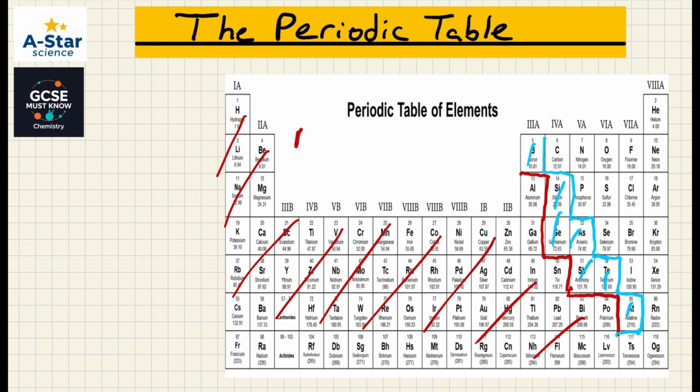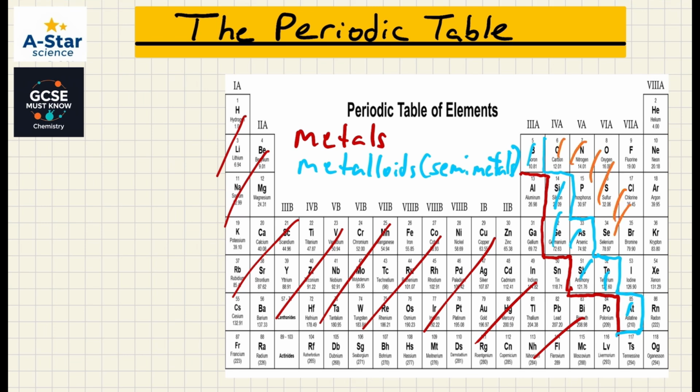So red is the metals, blue is the metalloids, also called semi-metals. And then finally, on this side here, which I've shaded in orange, we call these nonmetals. These all tend to be gases, most of them, but some of them are liquids and solids.